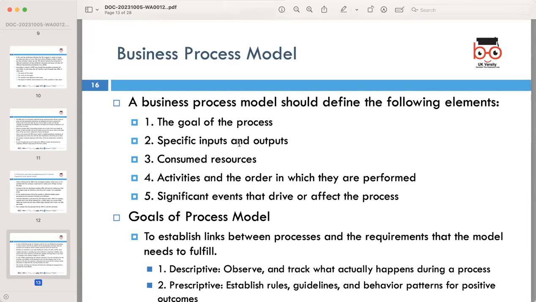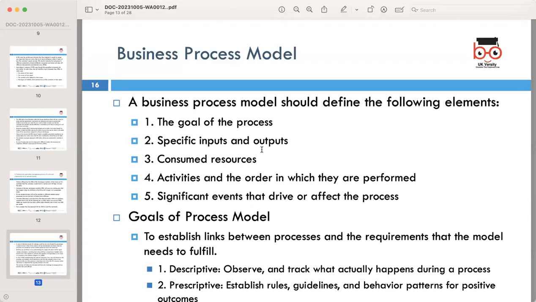Then specific inputs and outputs means identify the inputs required for the process to function and the specific output it generates. Then consumed resources: list the resources, including, let's say, material, personnel and technologies that the process consumes.